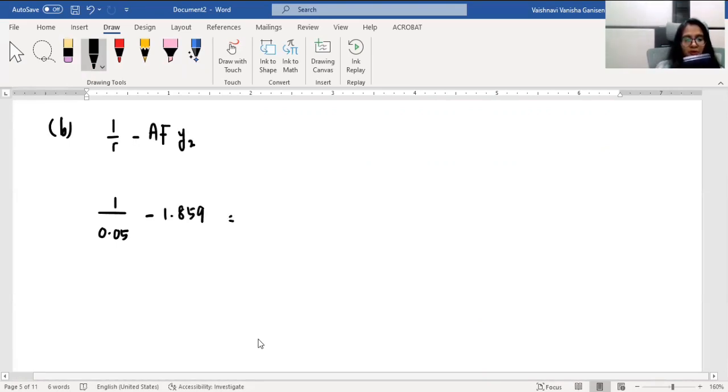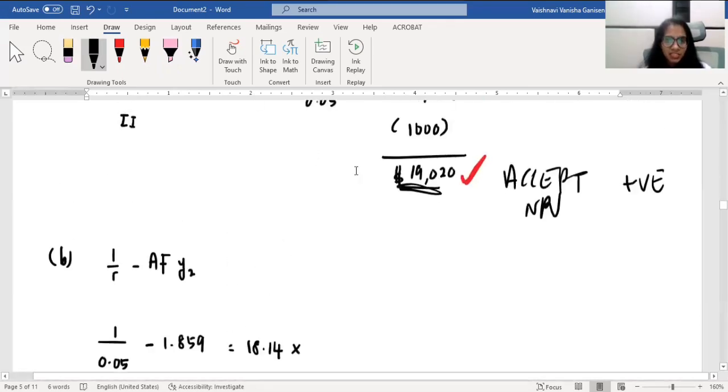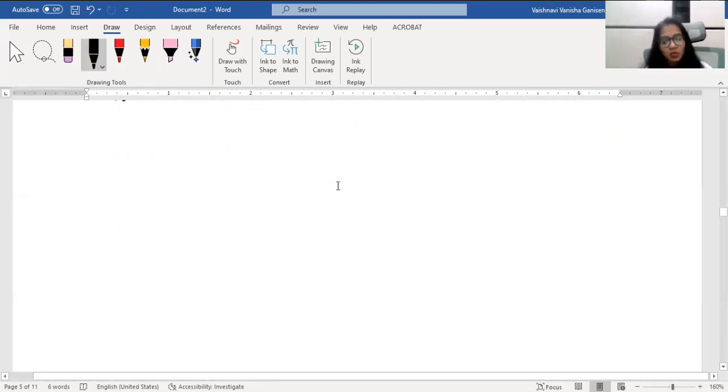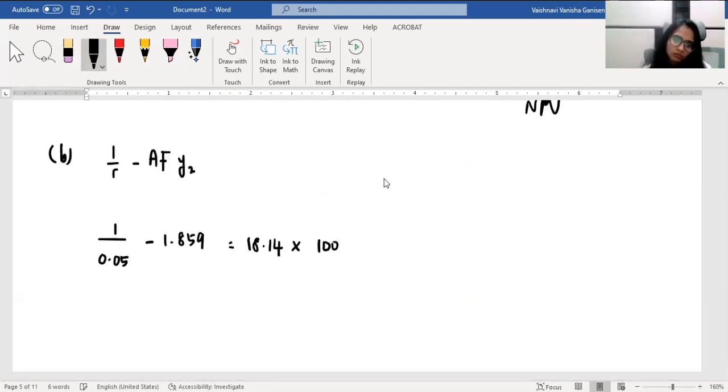So 1 over 0.05 minus the answer is 18.14. This is my discount factor, guys. When I multiply by the cash flow I will earn in perpetuity, 1,001, the value of my cash flow is 18,159. So positive, you will proceed with the project because you earn a positive present value of cash flows.